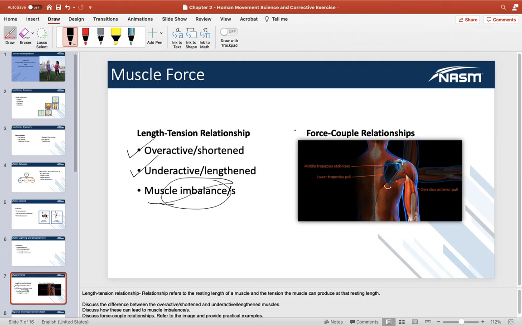If we look at the force couple, the force coupling relationship, you're using a multitude of different muscles to create a coupled force that will create a proper movement pattern. Over in this region, your serratus and then your lower and mid traps are trying to create upward rotation of the scapula.